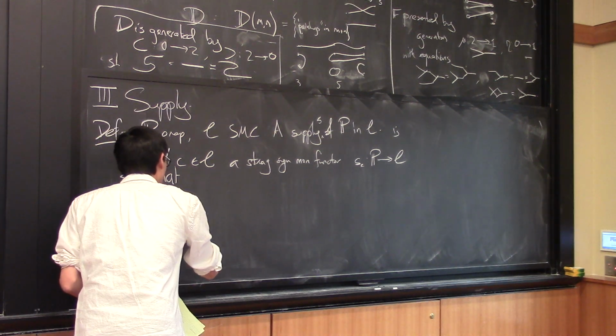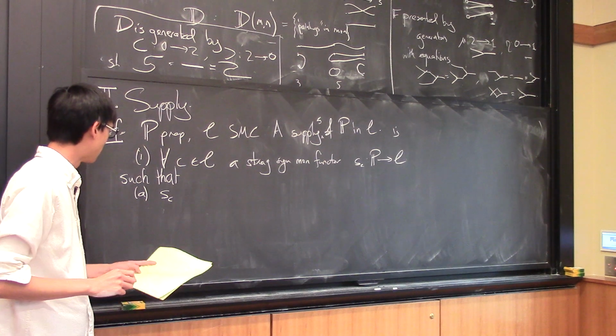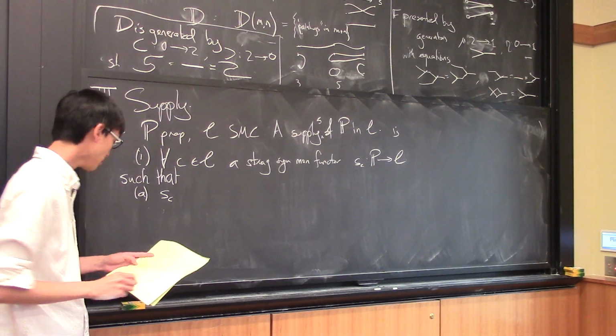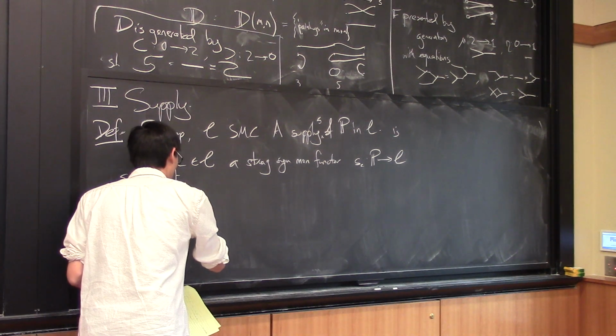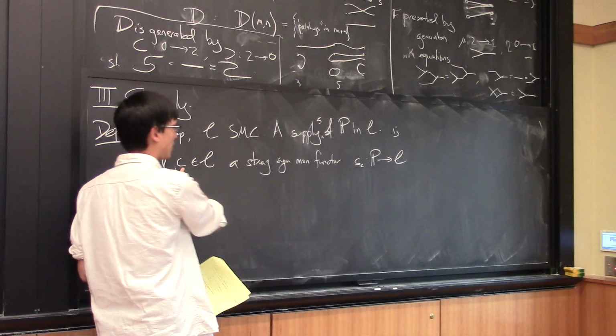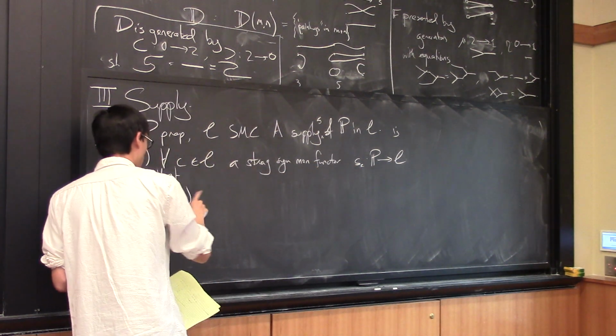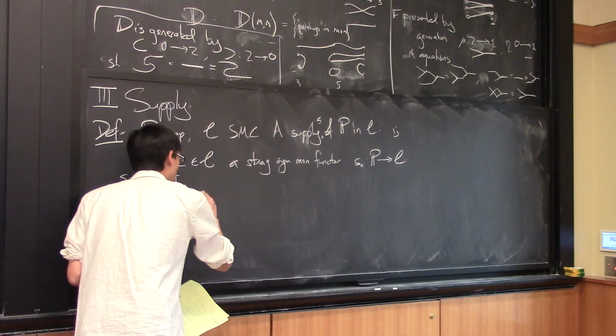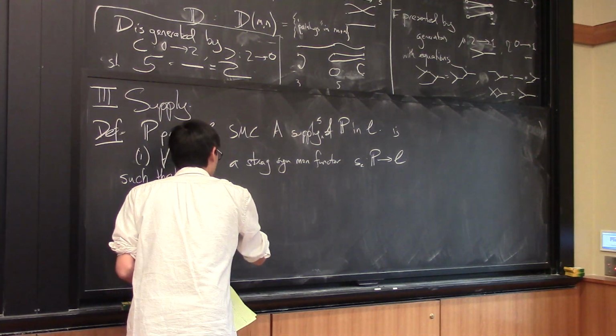Well, firstly, this functor must equip the particular object C with this algebraic structure P. So I want to say that S sub C of M is equal to C to the nth tensor power.